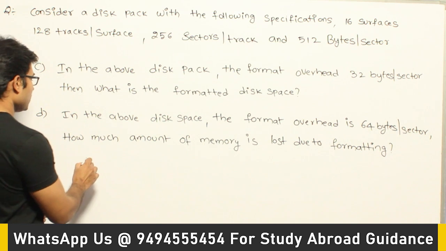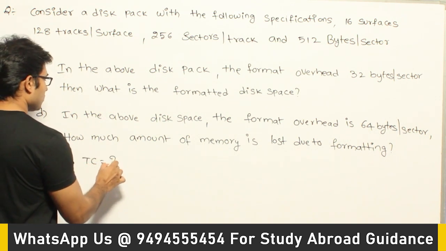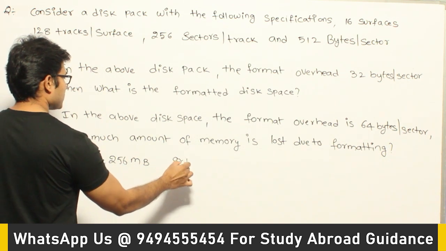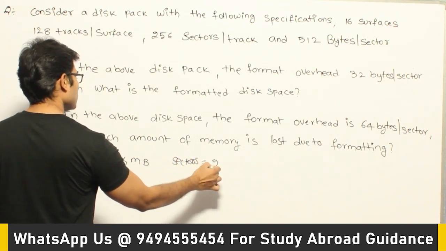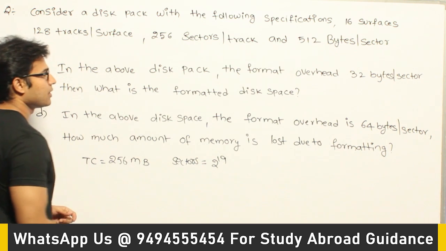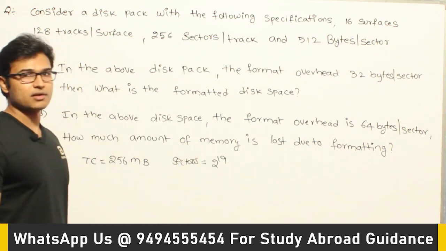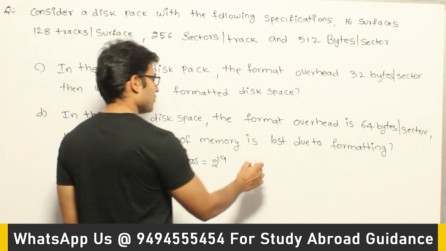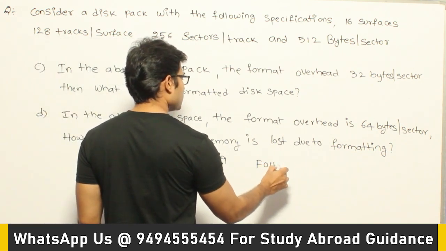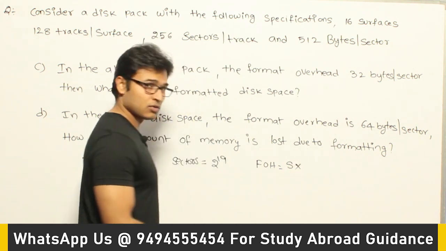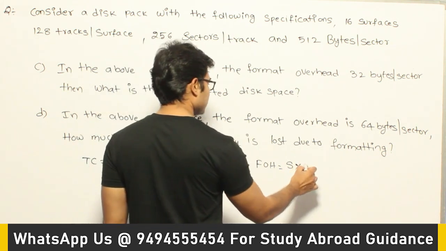Now we know that the total capacity is equal to 256 MB, and the number of sectors we got is 2 power 19, right? Now they are saying that for every sector 32 bytes is wasted. Therefore the formatting overhead is going to be the number of sectors into overhead per sector, isn't it?